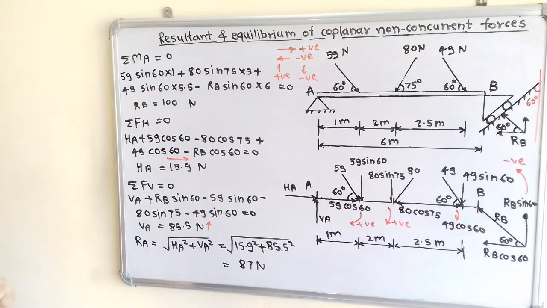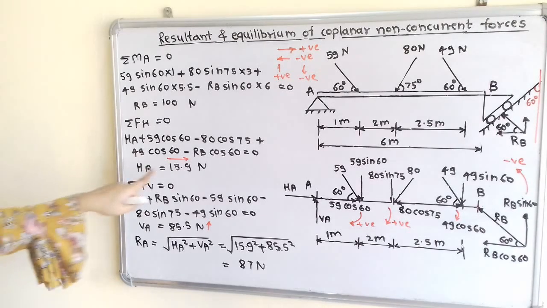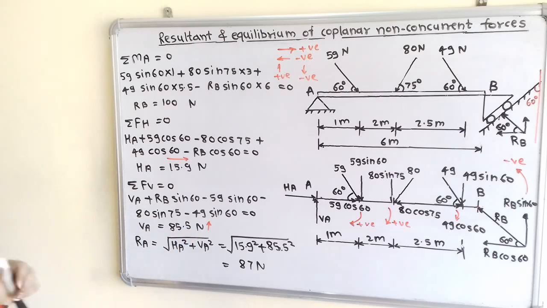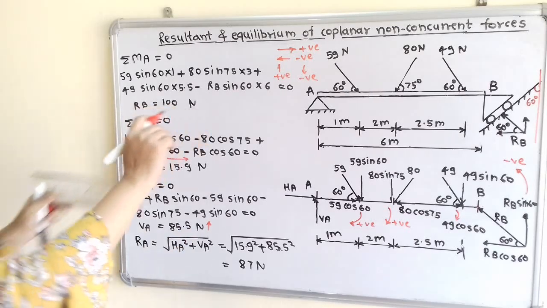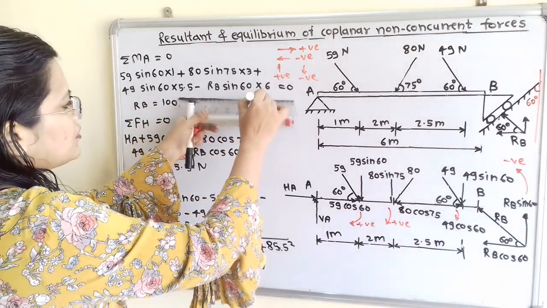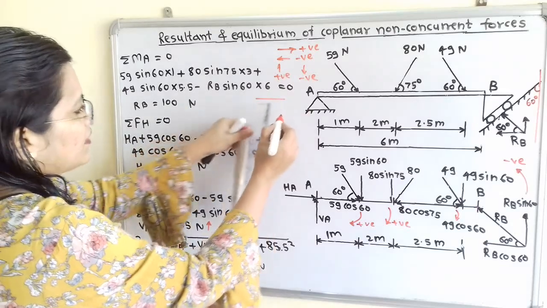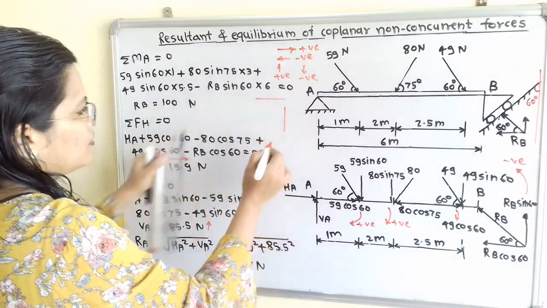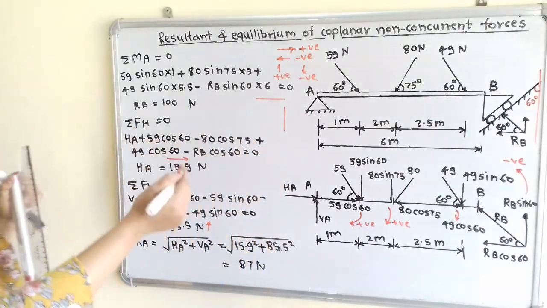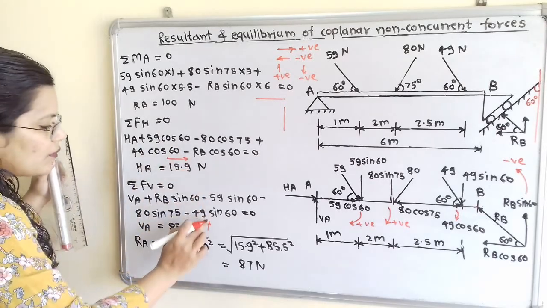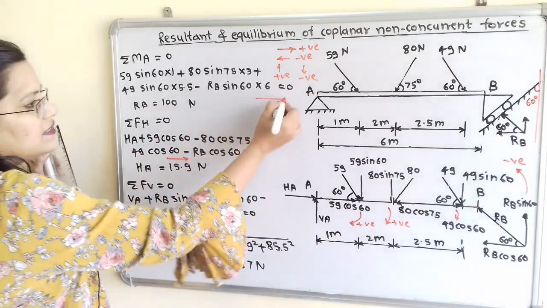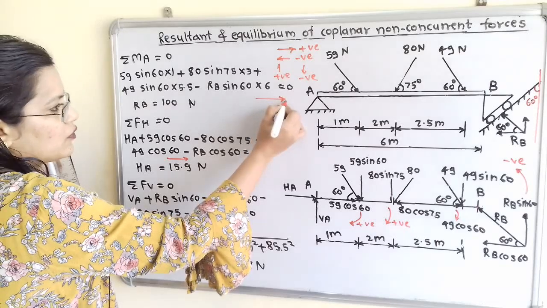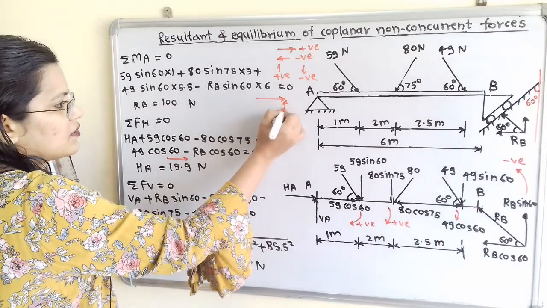Now we will draw a rough diagram. For HA and VA, we show this as the horizontal component and this as the vertical component. We have to take care that these two arrows meet at a single point.